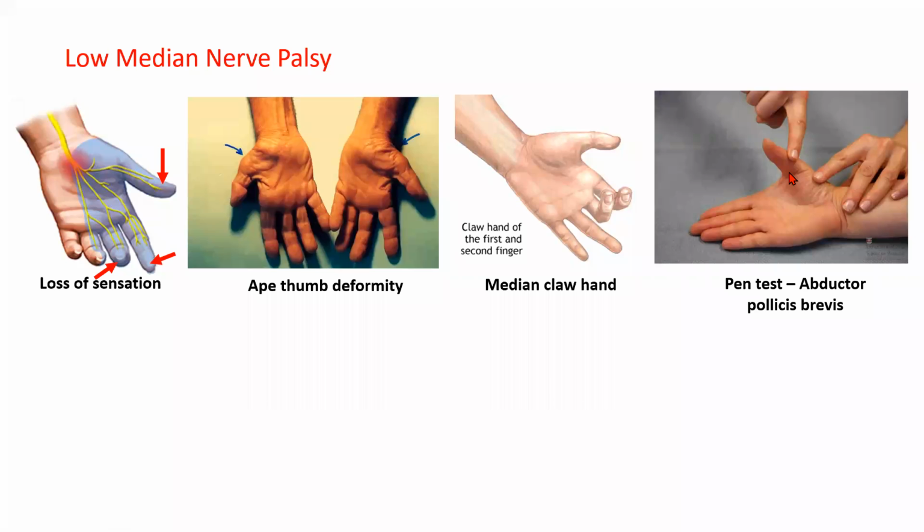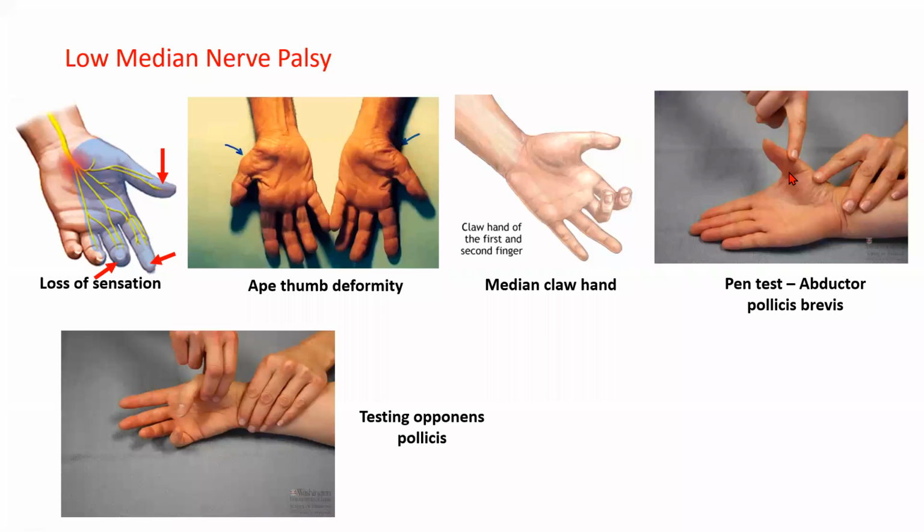Yes, sir. Fine. So how to test opponens pollicis? Now we all know that this action is opposition, right? Opposition involves both the thumb and little finger. Now if you check the opposition of the thumb alone, this is opposition: the pulp of the thumb touching the base of the little finger, right? This is thumb opposition.